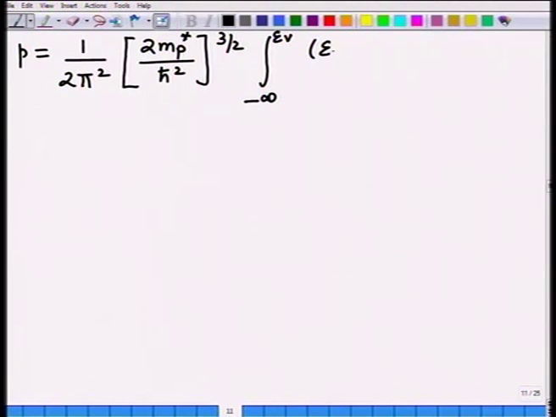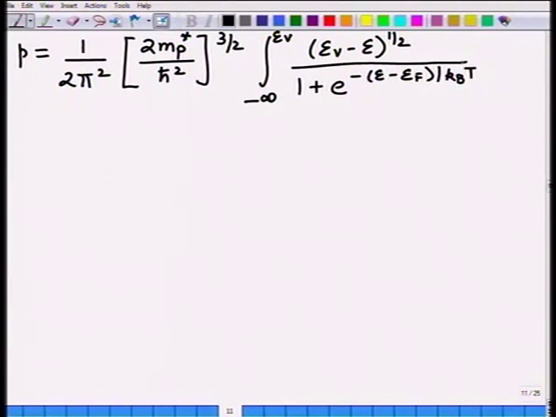Then I will write this as the integral of (E_v minus E) to the power half, over 1 plus e to the power minus (E minus E_f) by k_B T, dE. You can see the form is very similar. That is the integration we need to carry out.